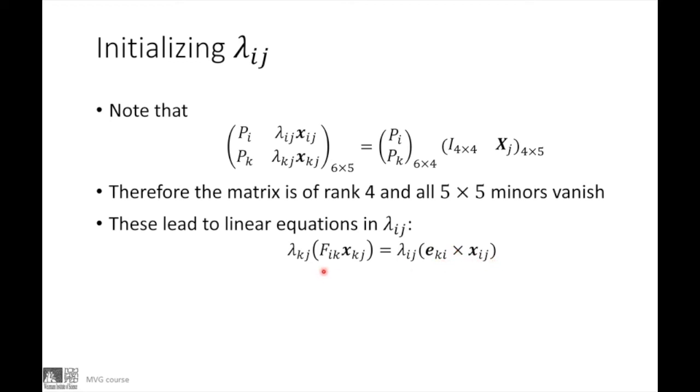And similarly, the second epipole will give you more equations. So these are linear equations. So I know xij, and if I can derive Fik, the fundamental matrix, and the epipole Eki, and given lambda ij, I can recover lambda kj.